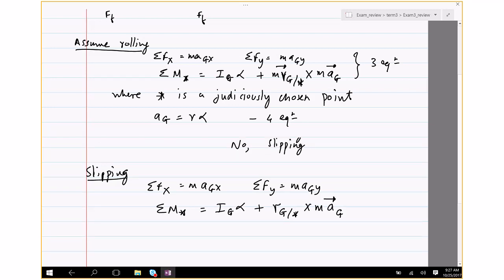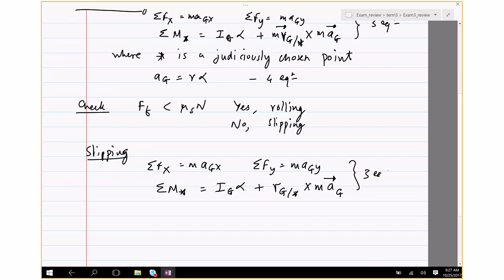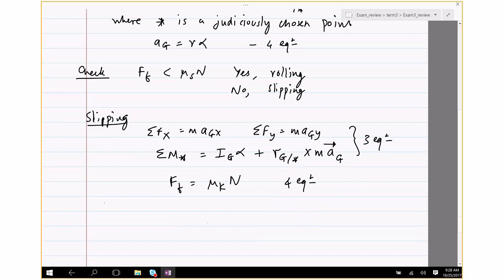So those are your three equations. And then the fourth equation is FF equals mu k times n. Note that AG is not equal to R alpha for slipping.